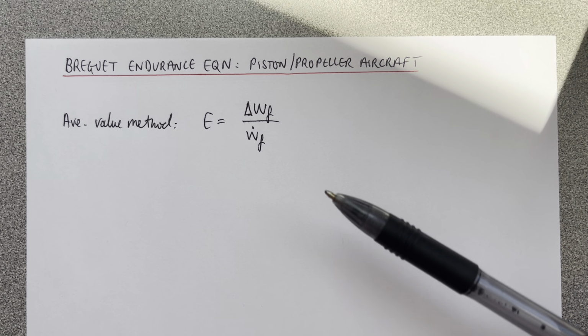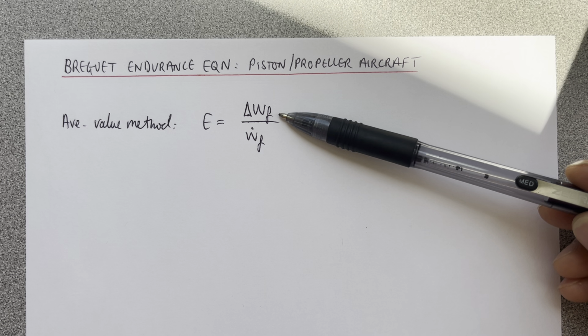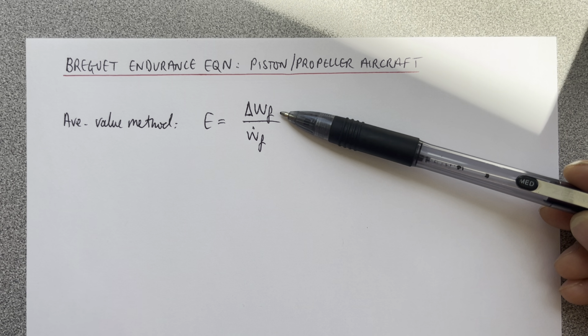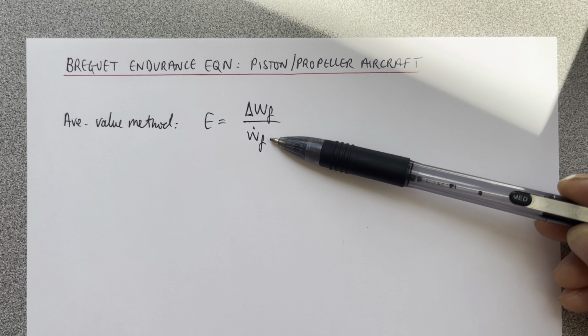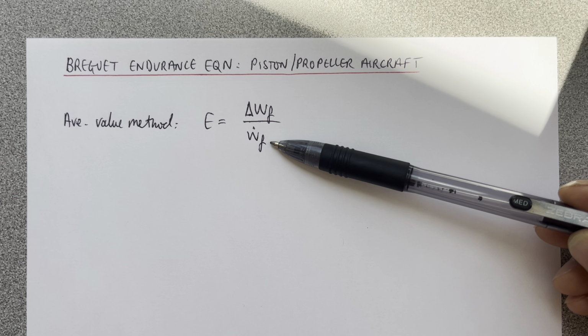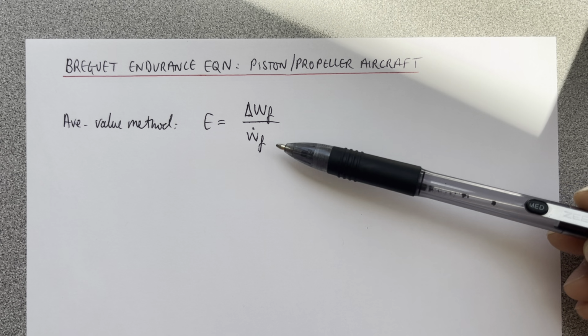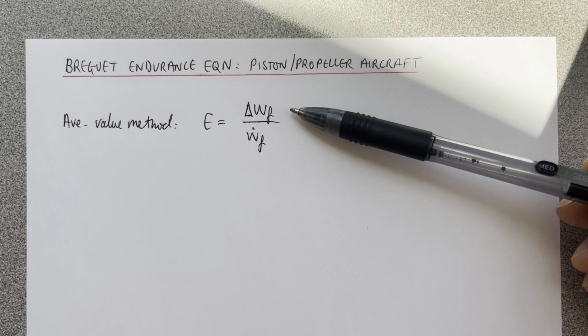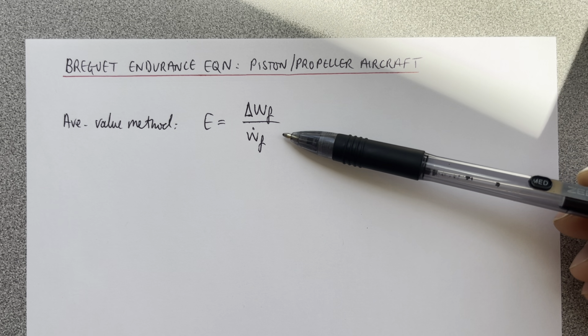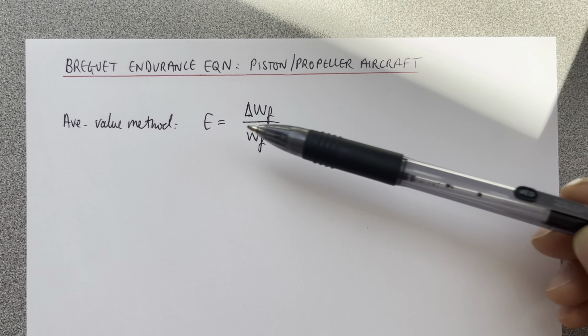If our fuel load is in kilograms and the rate at which we're burning fuel is in kilograms per hour, then the units will be kilograms over kilograms per hour, which gives us an endurance in hours.